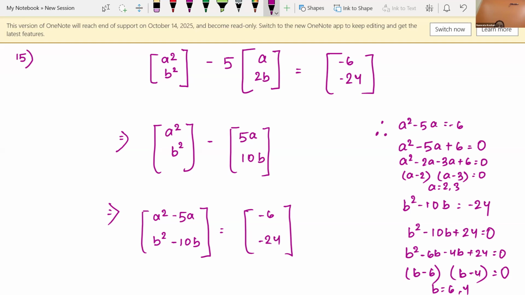In this question, we are supposed to find the values of a and b. Solve the matrix equation means just find the unknowns.